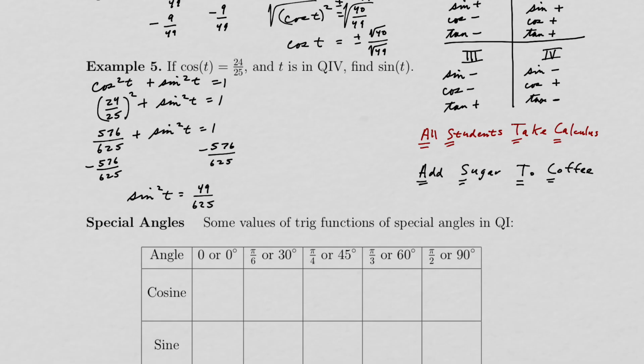Okay, so I did that subtraction here. I did 1 minus this. So 1 is 625 over 625 minus 576 over 625. 625 minus 576 is 49 divided by 625, right? I keep the denominator. Okay, now I need to take the square root of both sides. Because remember, sine squared of t means sine of t, squared, right?